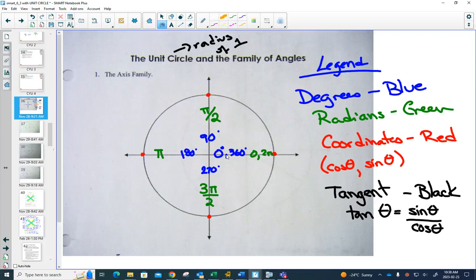Now in our legend, we wrote the coordinates are related to our big idea. One of our big ideas in this unit was that on the unit circle, your x-coordinate is cos, your y-coordinate is sine. Okay? But we can label these coordinates super easily because we know that the radius is 1. So this first dot, if you moved 1 to the right, does it make sense that your x-coordinate would be 1 and your y-coordinate is still 0?